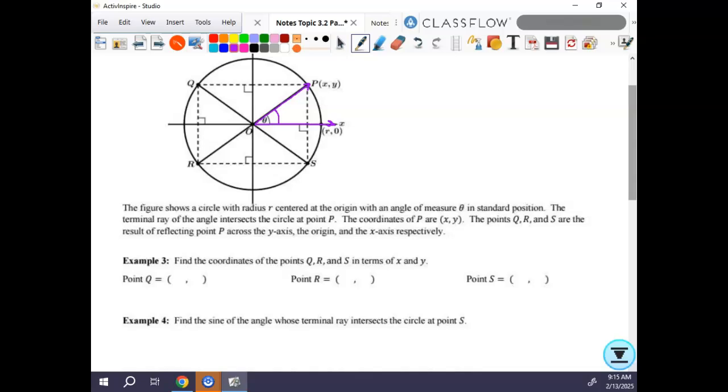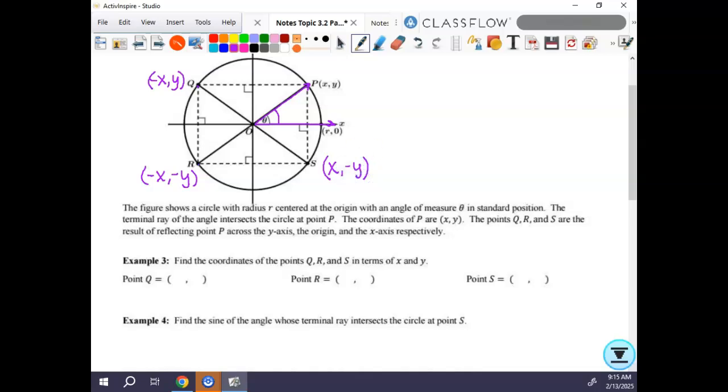So then what would the ordered pair for Q be? If P is x, y, Q would be -x, y, right? R would be -x, -y. And S would be x, -y, right?